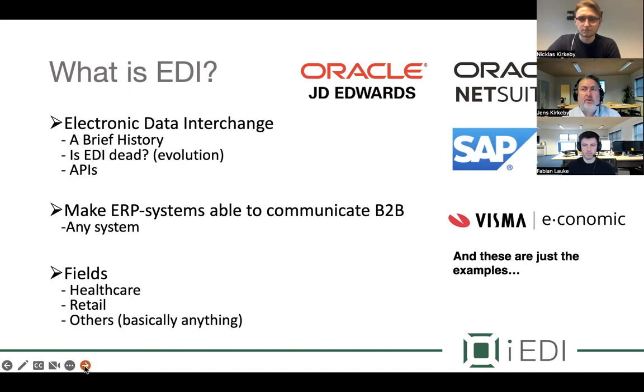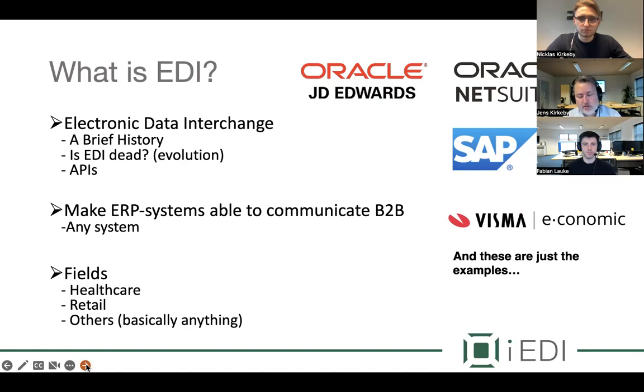So you use API to make computers communicate. For instance, if you have an Oracle system and you'd like to communicate with a SAP system, those two computers are not built to communicate with each other. So you actually use EDI as a middleman to agree on a common format so that one computer can exchange information with the other.